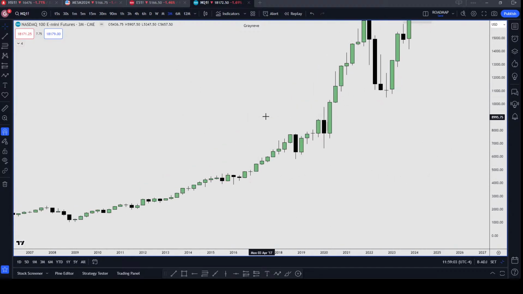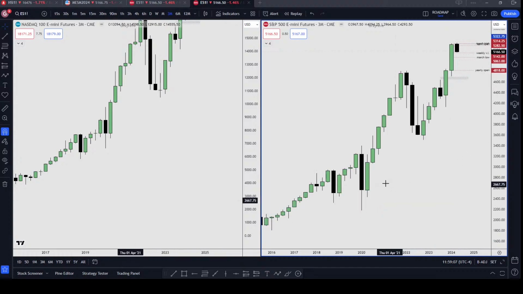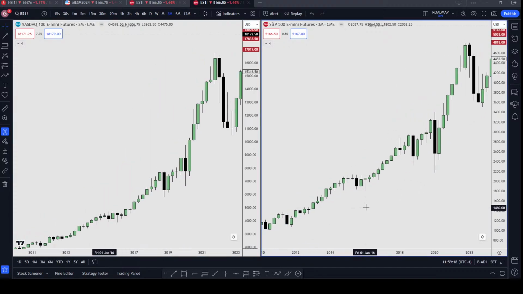When you take a look at NQ and ES during the COVID year, for example, this is what I call a higher time frame SMT right here. And even in 2016 we have one as well, this swing low here as compared to this low, right?